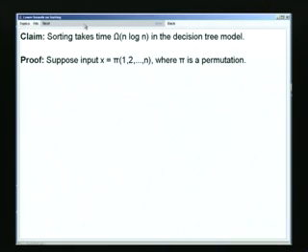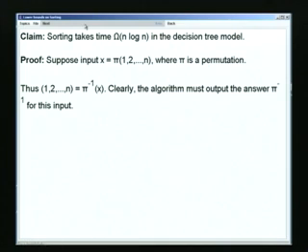What can we conclude from that? Well, then 1 to n must be pi inverse of x, right? If I apply the inverse permutation on both sides, I will get pi inverse over here and 1 to n over here. So notice that when we do the sorting, we actually are supposed to compute this inverse permutation.